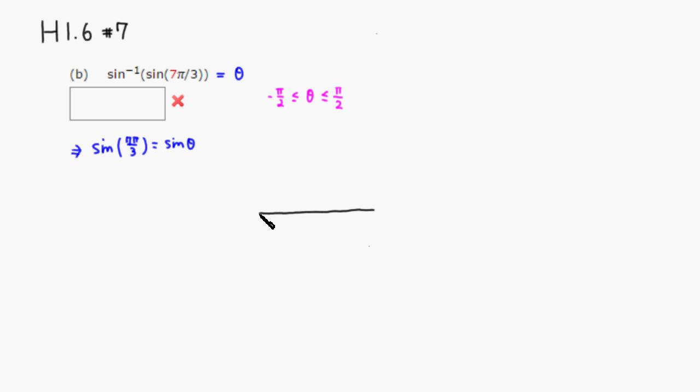Right, so I'm going to draw a unit circle. Here's the x-axis, here's the y-axis, and the origin. Here is negative 1, and this is positive 1. Here is negative 1, here's positive 1.